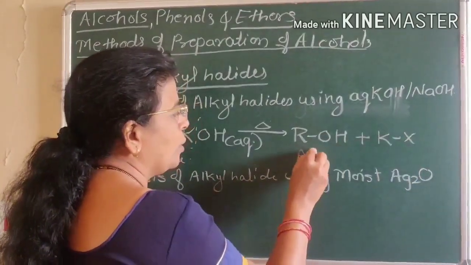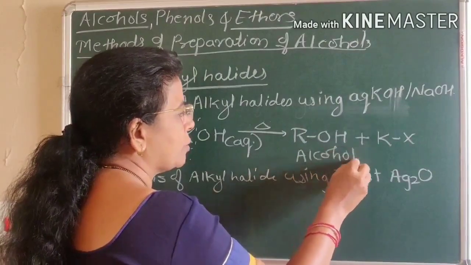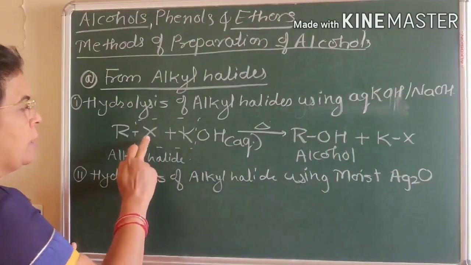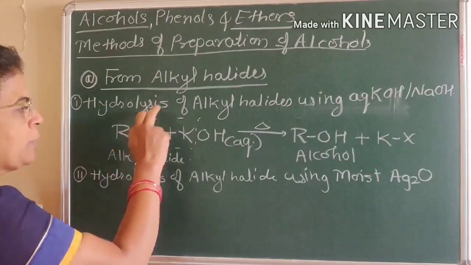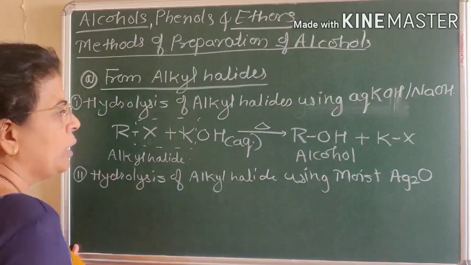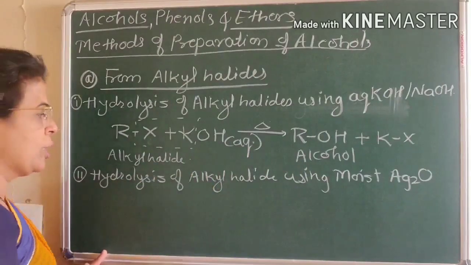This is alcohol. Here the halogen atom is substituted by OH minus ion to form alcohol. This is a simple nucleophilic substitution reaction.